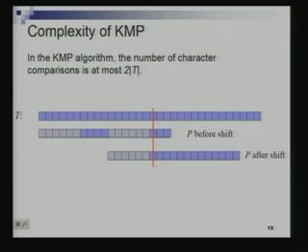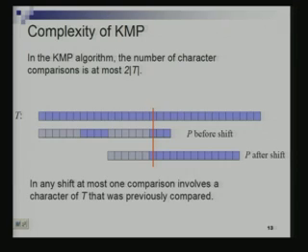Right? So let's call these unsuccessful comparisons. What is an unsuccessful comparison? A comparison that results in a mismatch. Okay? Let's call that an unsuccessful comparison. Now, how many unsuccessful comparisons are there?